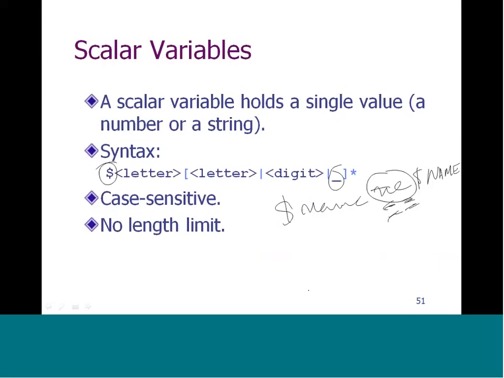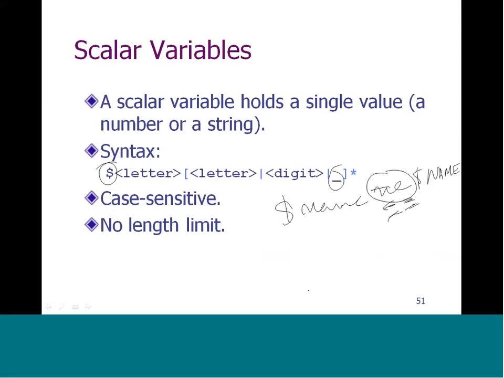And then we went into scalar variables. Scalar variables are variables that hold a single value. It's usually represented as a dollar sign followed by a number of letters or digits. You can have $123 as a scalar variable that can hold some value, even though we don't want to.